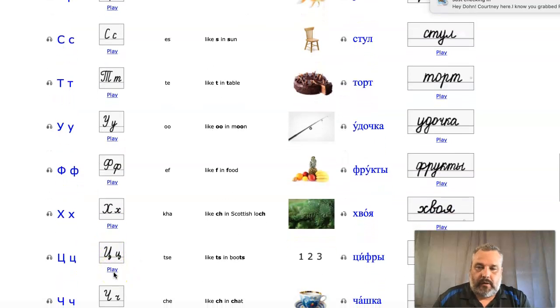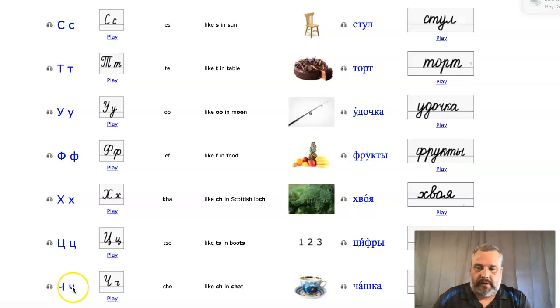All right. So the next one is another consonant diphthong, as they say, it's a ch. This looks kind of like a number 4, but not quite, but it's called ch. A very important letter. You're going to hear that a lot, like ch, like chat. And oh boy, if you go to Russia, you're going to be having lots of chashkas, because they are big tea drinkers.